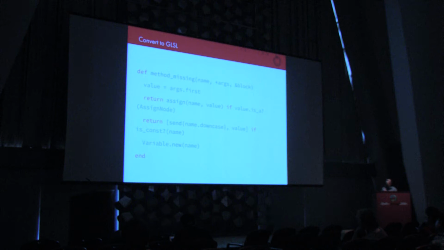But if method_missing captures the method name and it is a constant syntax, I guess it may be time to do some type definition, so I will send a type definition into it. This is the reason why my is method has to check for an array. And if it is not either, I can guess it may just be a variable.